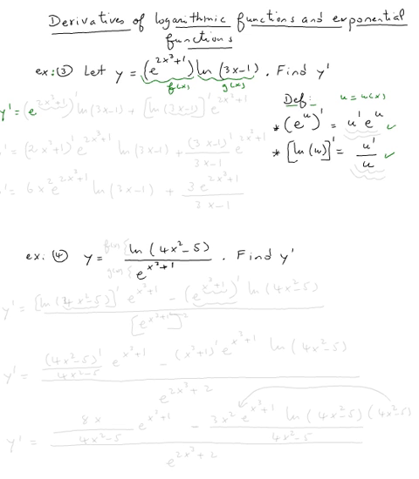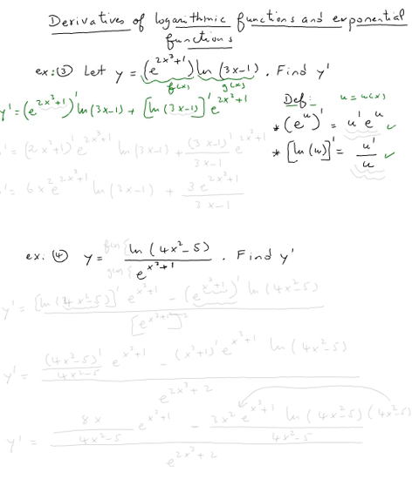So f prime of x means e to x cubed plus 1, f prime of x times g of x, plus g prime of x, which is derivative of ln of 3x minus 1, g prime of x times f of x.